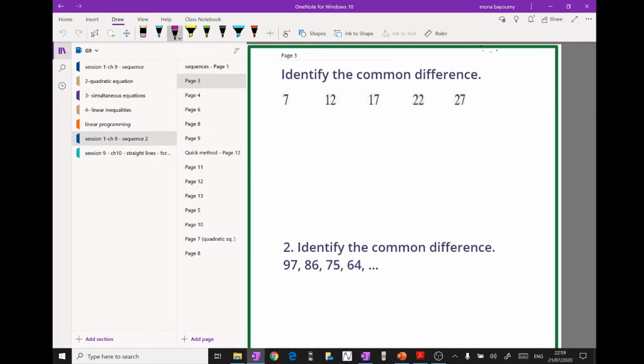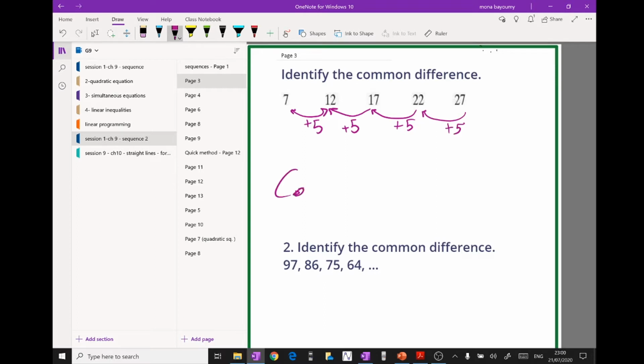How can we find the common difference directly? We will subtract the successive terms. Here 12 minus 7 is going to be positive 5. 17 minus 12, also positive 5. 22 minus 17, again positive 5. 27 minus 22, positive 5.